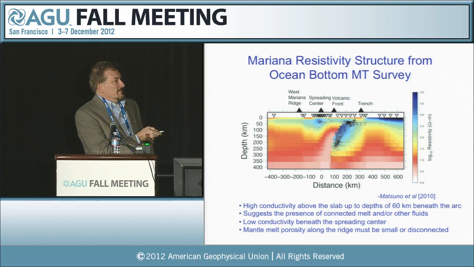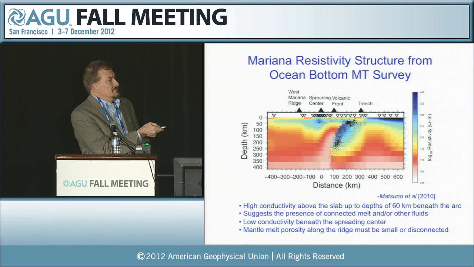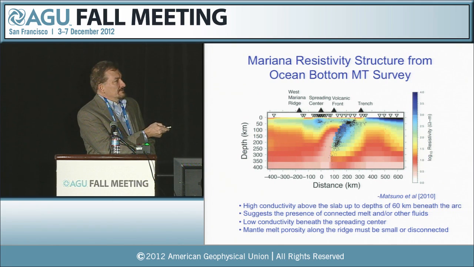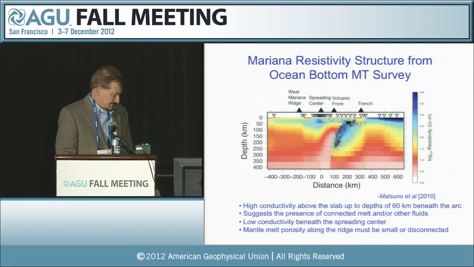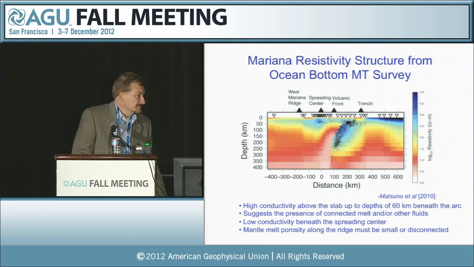And I guess the sort of remarkable thing is that even though they had a pretty high density of OBEMs near the Mariana Backarc spreading center, you don't see a high conductivity or low resistivity region associated with the Backarc spreading center, whereas you do see some low resistivity or high conductivity area at depths of about 100 kilometers near the arc region. So this will also place constraints on these systems.